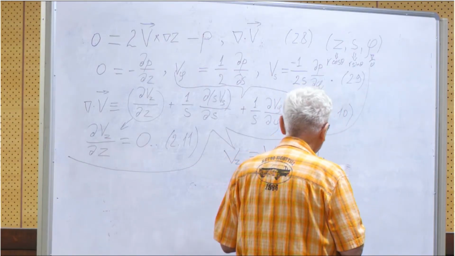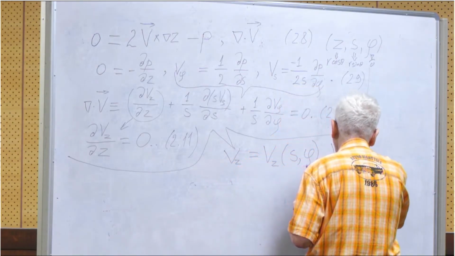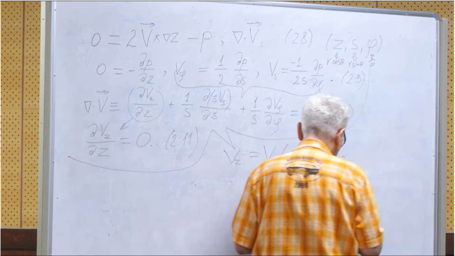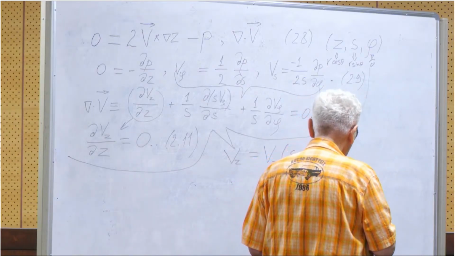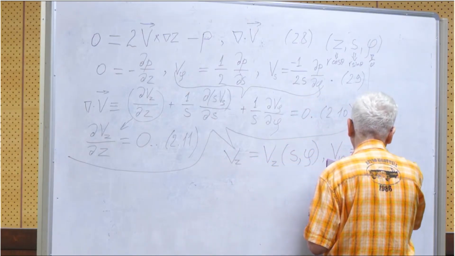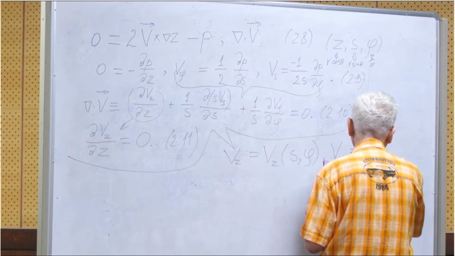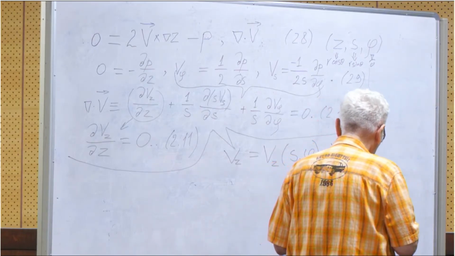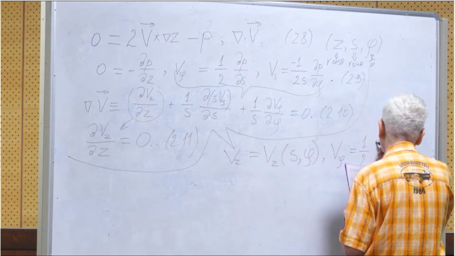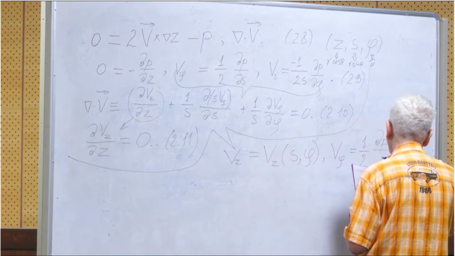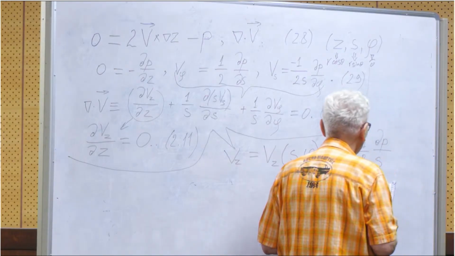Let's next consider the phi component. And the phi component from this equation is equal to the derivative in the cylindrical radius of the pressure.